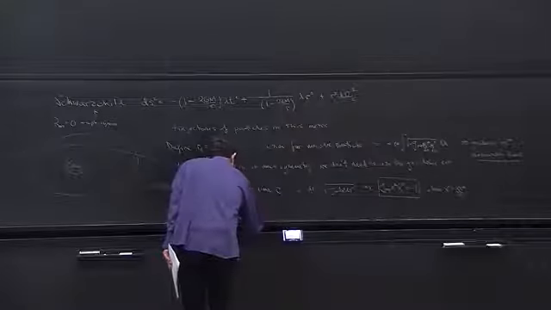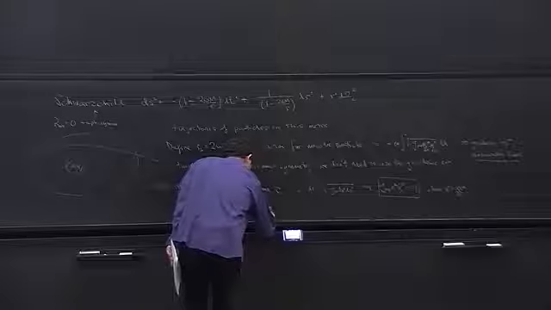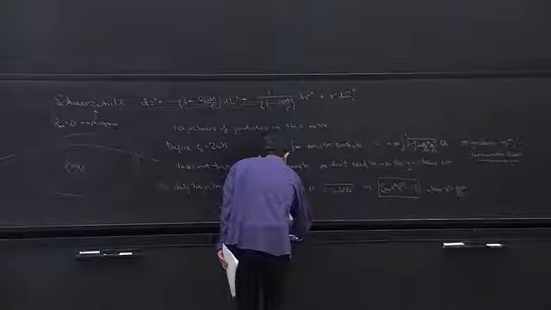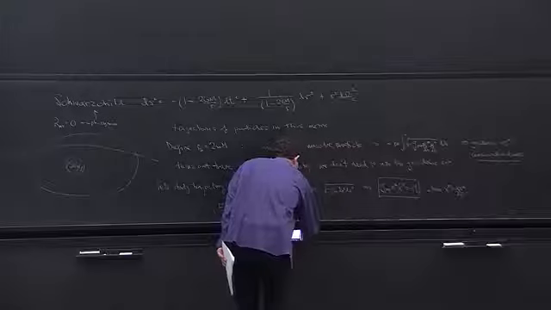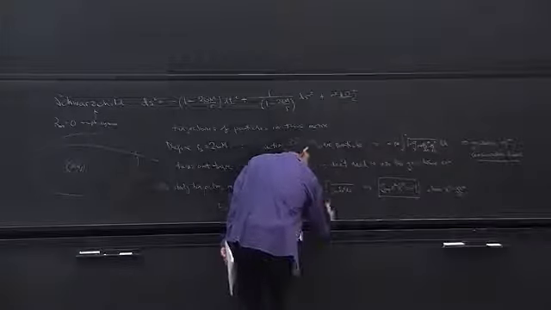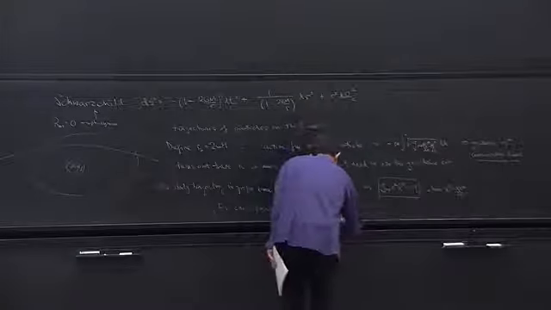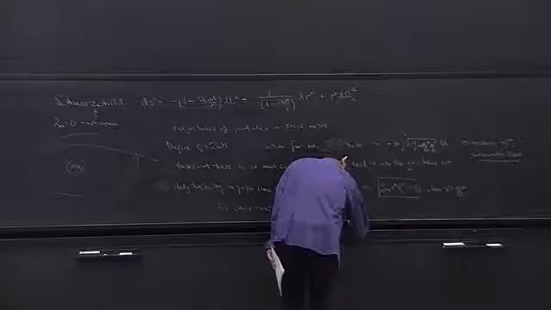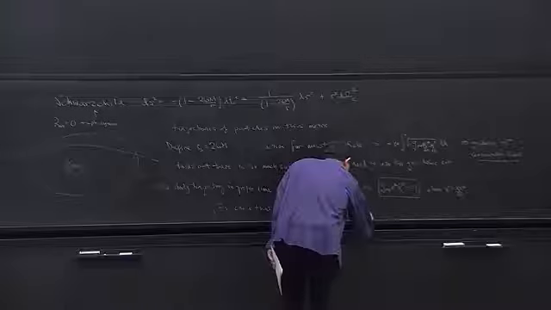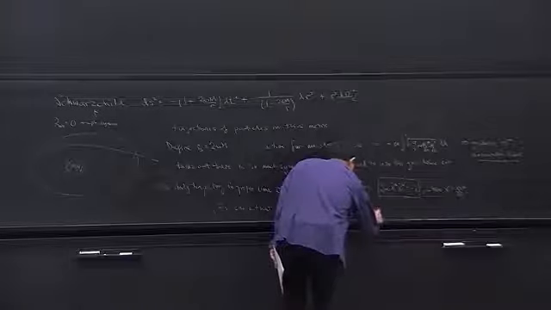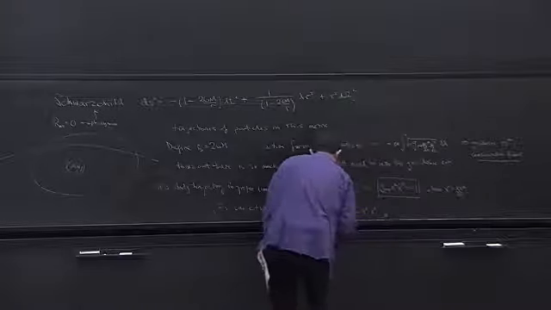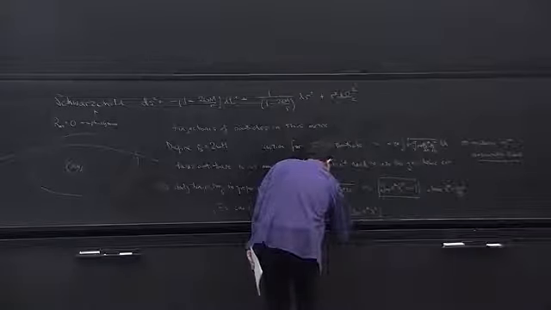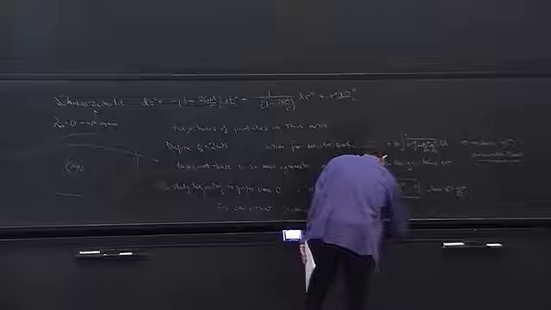You can check that the geodesic equation implies that d by d tau of g mu nu x dot mu x dot nu equals 0.